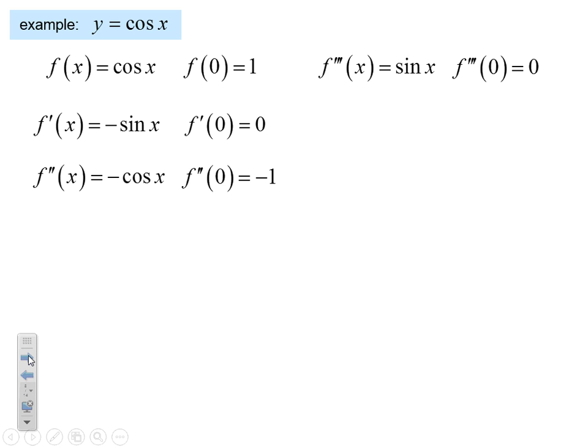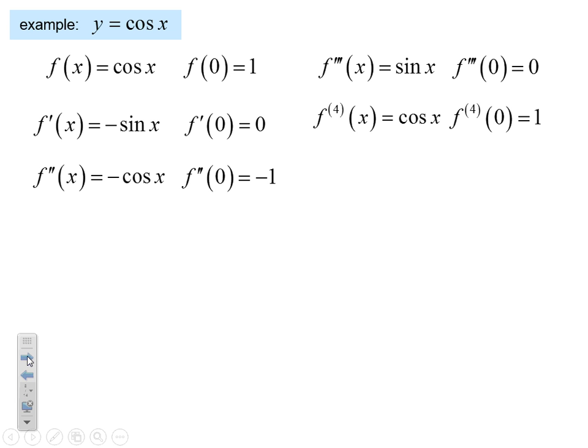Are we seeing a pattern? Yes. The fourth derivative is positive cosine, evaluated at 0 is a positive 1. So this is going to keep happening: 1, 0, negative 1, 0, 1, 0, negative 1, 0.